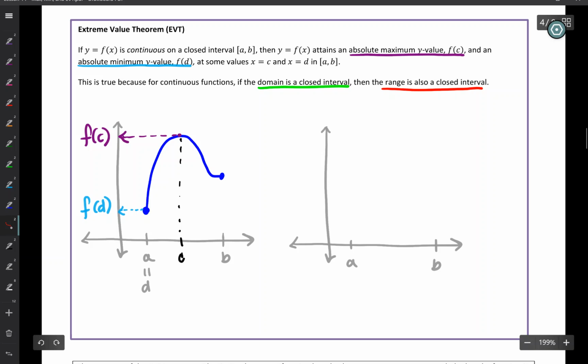Your absolute maxes can occur at endpoints, or they can occur in the interval. This occurred at that endpoint of x equals a. I drew it that way on purpose. It doesn't have to be in the interval. And they also don't have to be unique, right? You can hit these maxes and mins multiple times. So maybe we did something like this.